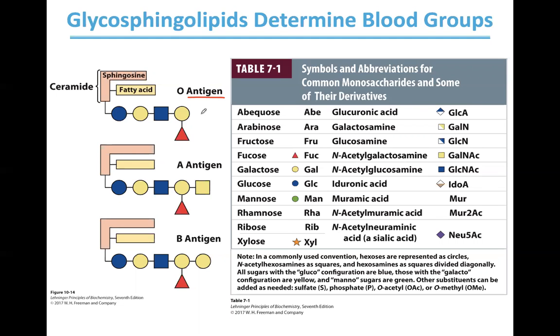So let's stay with this for another minute or so. If there is nothing, if there's no antigen here, there'll be no antibodies. No antibodies will react against the O antigen.